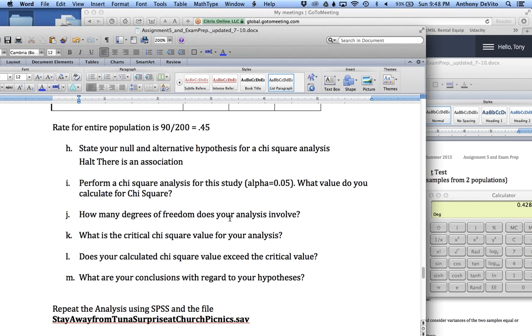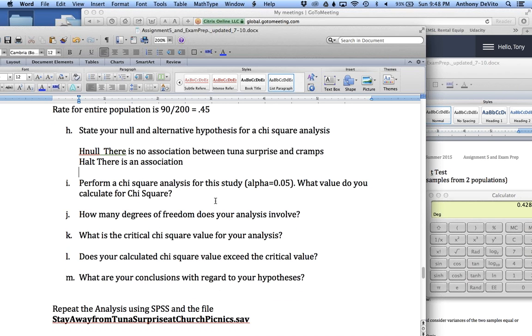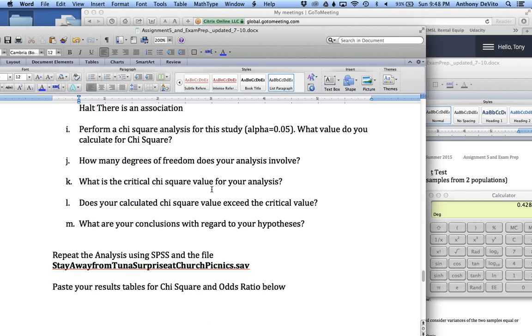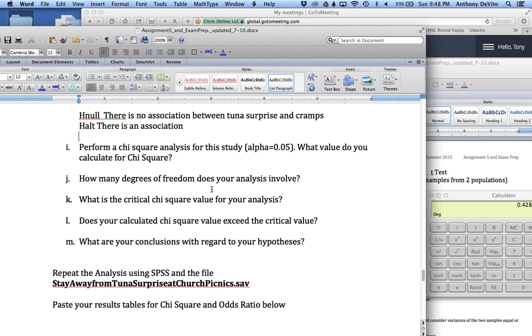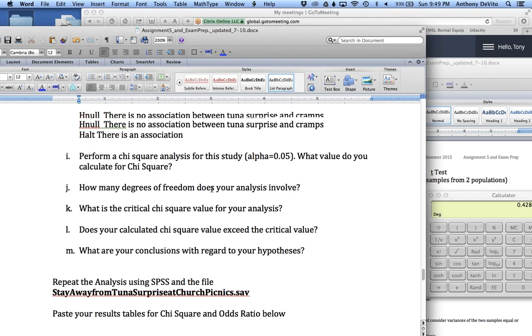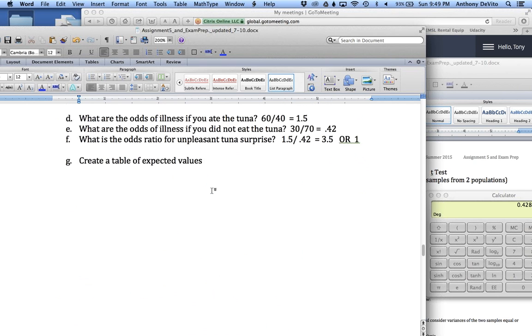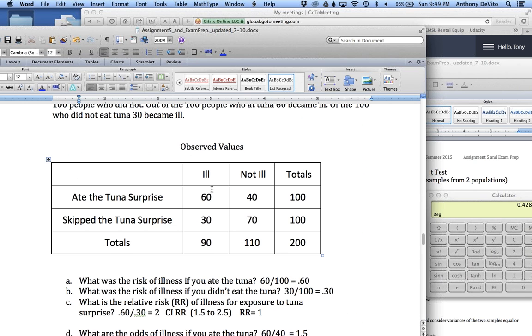Okay, so we perform a chi-square analysis, and the way we calculate this is... now, I'm not going to go through the whole analysis right now to save some time. You remember in class the way that we did this was we took the value here, 60.